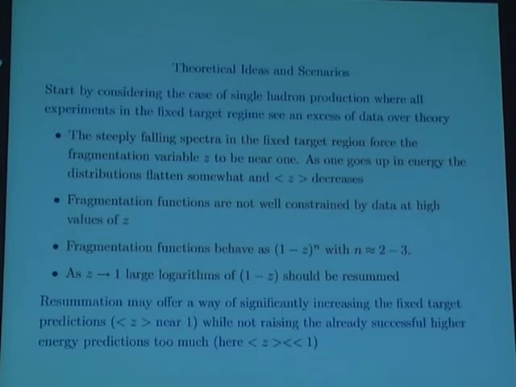The fragmentation functions behave as 1 minus z to a power. Sorry, back off. Kinematics forces it to be near 1. The fact that it's steeply falling means that anything that you do that's going to change that z dependence can strongly affect the answer.